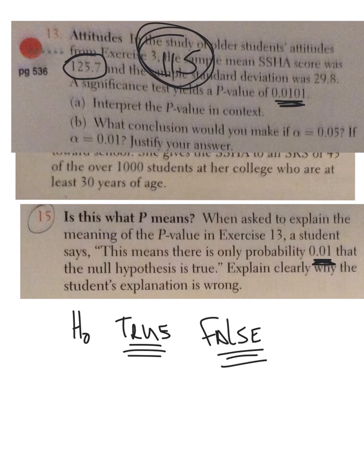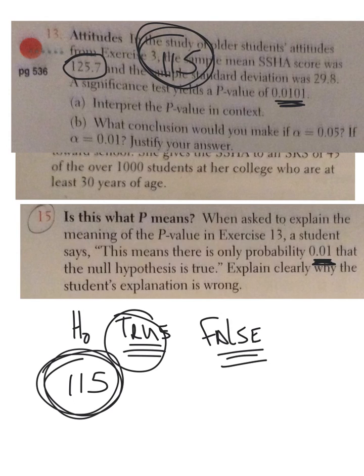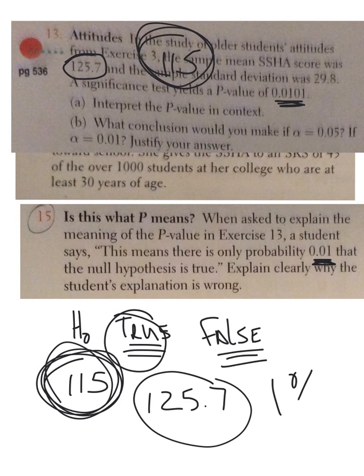What it means is, if it's true that the average is 115, the fact that we got 125.7 would only happen 1% of the time.